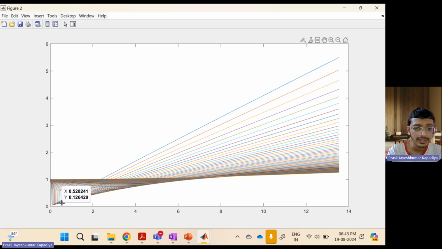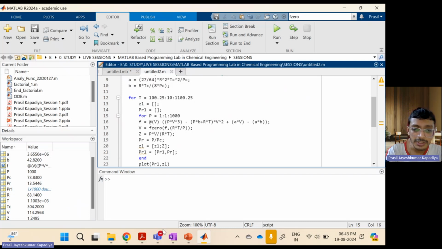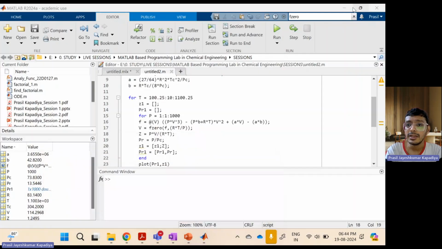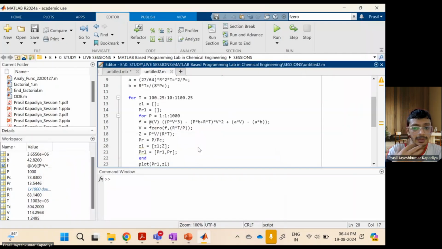See, till here also we can see that the gas is behaving ideally. Here it's ideal gas, then non-ideality is there, and then again it is going towards ideality. And here there are some lines that we can't actually differentiate right now. Those are ideal gas lines. So I hope this problem is clear. So this is how we can plot compressibility factor, P versus Z.